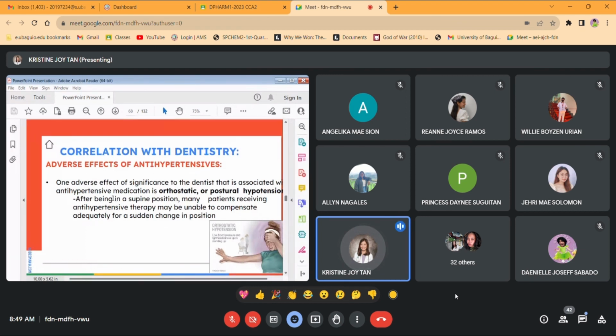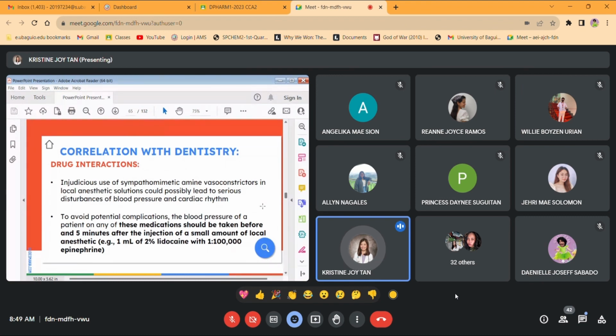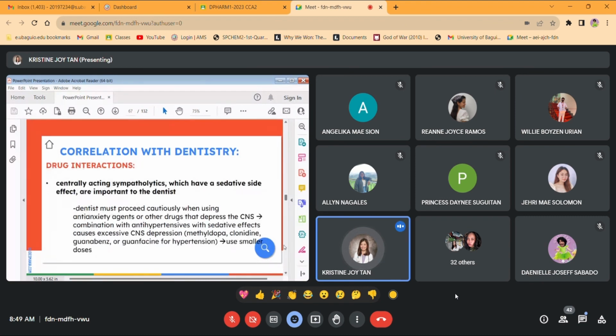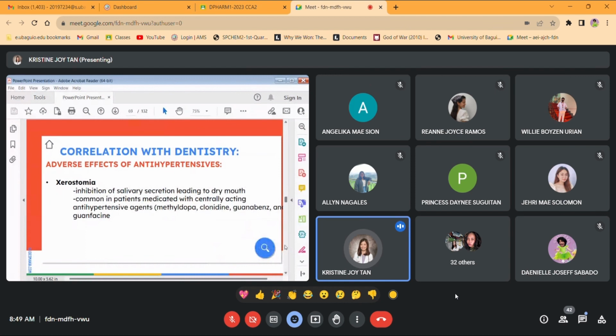So after being in a supine position, many patients receiving antihypertensive therapy may be unable to compensate adequately for a sudden change in position, hence magkakaroon sila ng sudden drop in their blood pressure. Kaya pag ganito, yung patients nyo who are hypertensives under antihypertensive therapy, syempre, you consider postural or orthostatic hypotension. Kasi after ng procedure nyo, pagka tayo ng patient, baka bigla na lang matumba yung patient nyo.